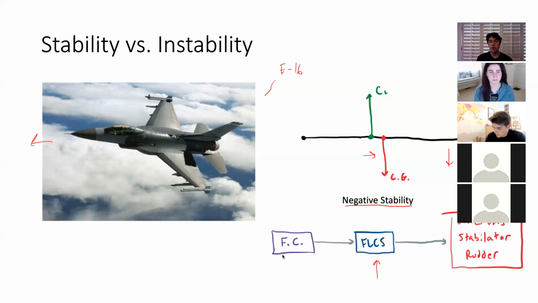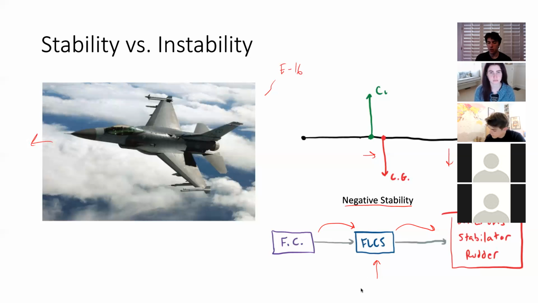So when they input a flight control, they're just telling the computer what to do, and then the computer inputs that to the ailerons, the stabilator, or the rudder. If this system were to shut off, the aircraft would be too unstable. The pilot would actually have to eject if they didn't have the computer helping them.